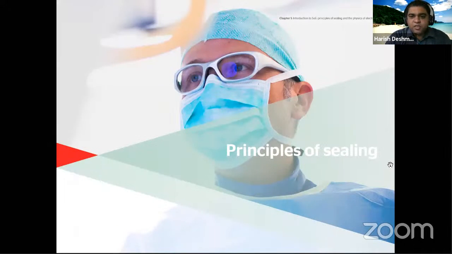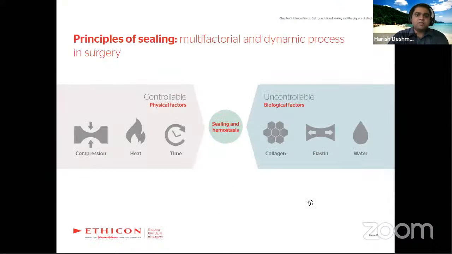So the principles of sealing actually depend on basically two factors. One is physical factors and another is biological factors. When we say biological factors, there are three major factors which help in giving us better sealing or hemostasis. One is the collagen elastin ratio in the tissue.